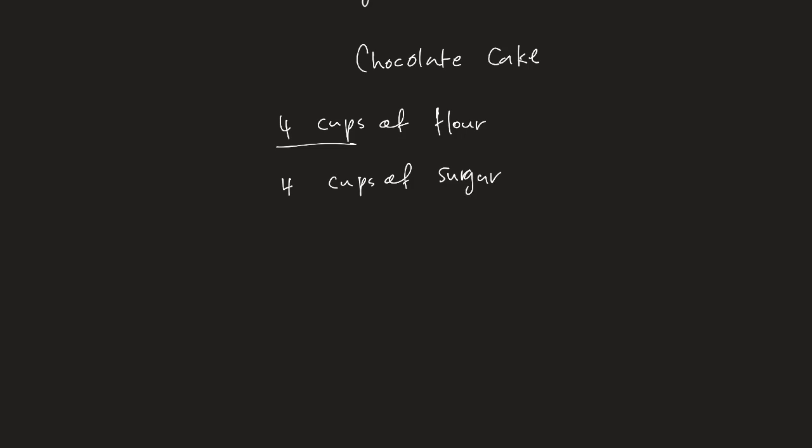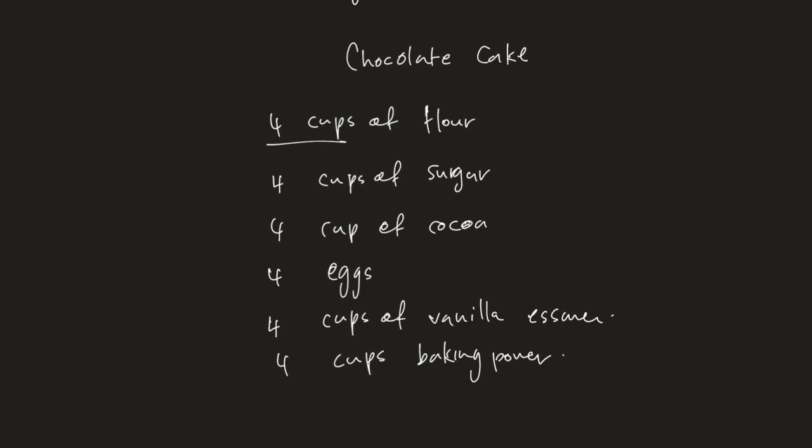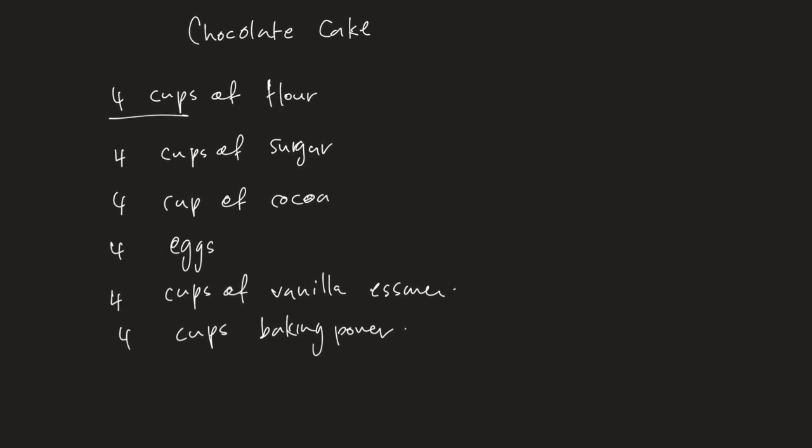I don't need 4 cups of cocoa, or 4 eggs necessarily, or 4 cups of vanilla essence, or 4 cups of baking powder. If I used 4 cups each time, I'm not going to get a chocolate cake. I'm going to get an explosion inside of my oven. I can't have something like that.